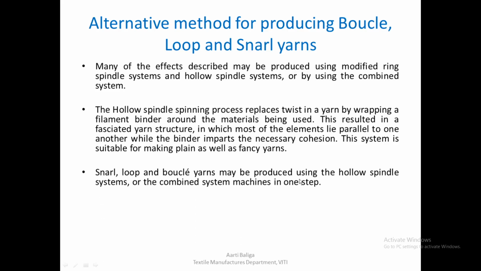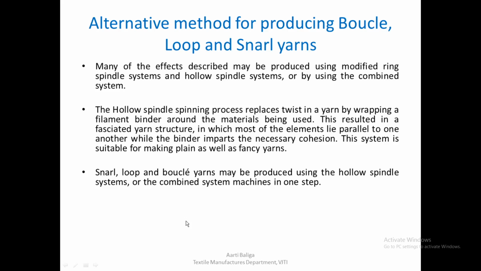Snarl, loop and boucle yarns may be produced using the hollow spindle system or the combined system machines in one single step. We have seen earlier in this session that to produce boucle, loop or snarl yarns, we need a two-step plying technique, where in the first step, the profile twisting step, we bring the ground and the effect yarn together, and then we go for a binding stage.